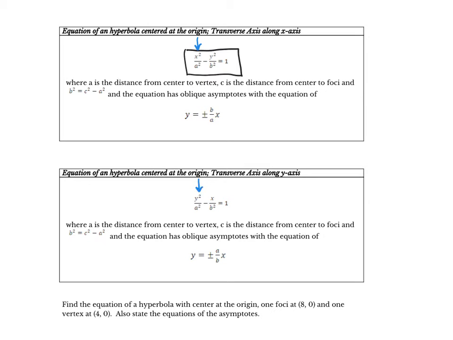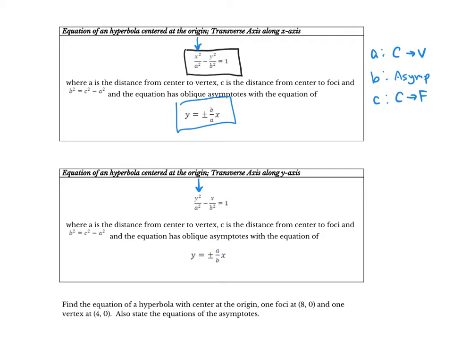If you look at the second one, where the transverse is along the y-axis, you can see the y squared goes first. So a, again, is center to the vertices. c is center to the foci. And b is really used in the asymptotes. And you can see the asymptote equations. The asymptotes are given by the b and a values.